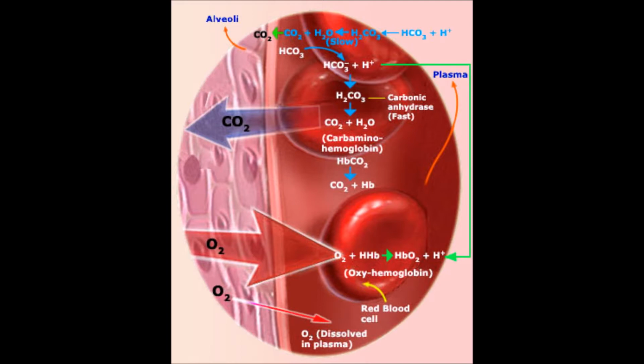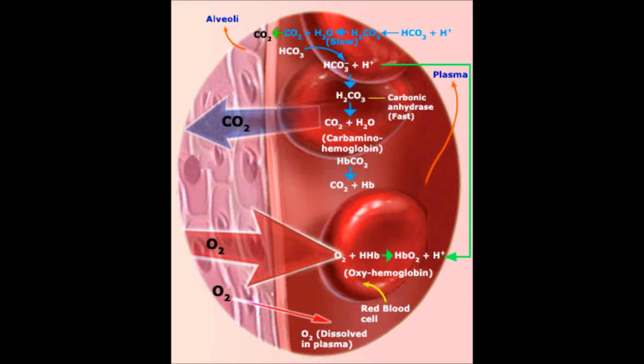Okay? So there is a chemical that is produced. It is called BPG. Biphospho P glycerate G. Biphosphoglycerate.